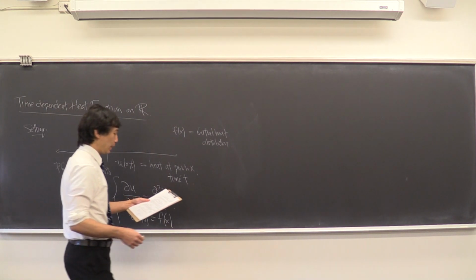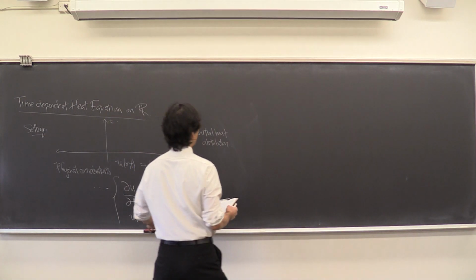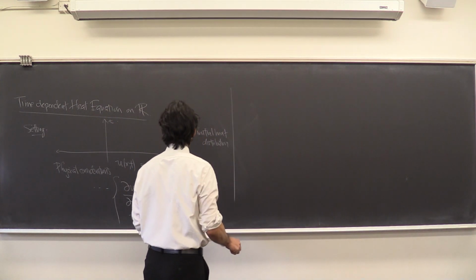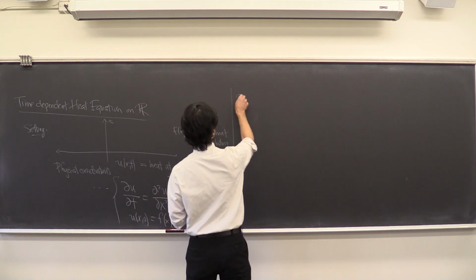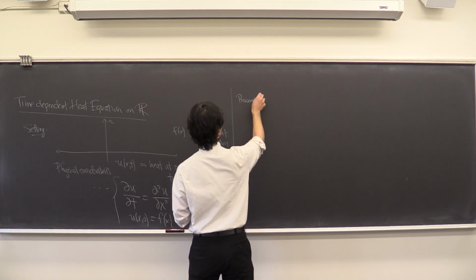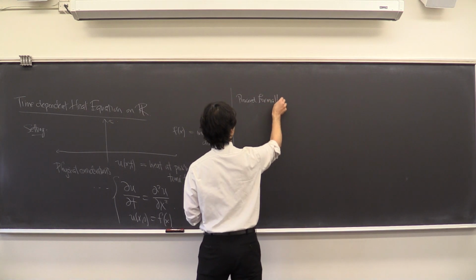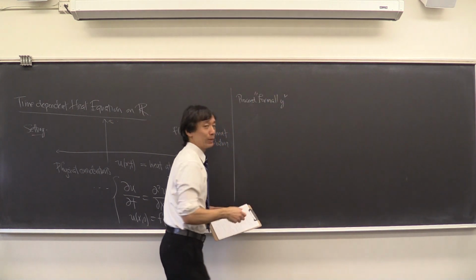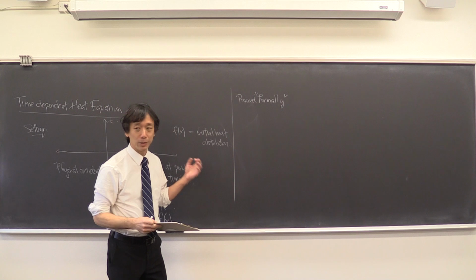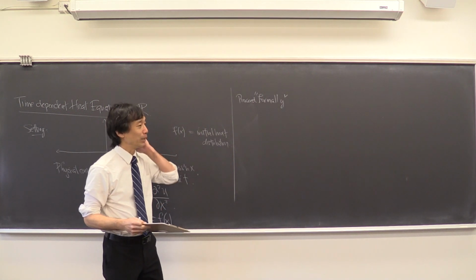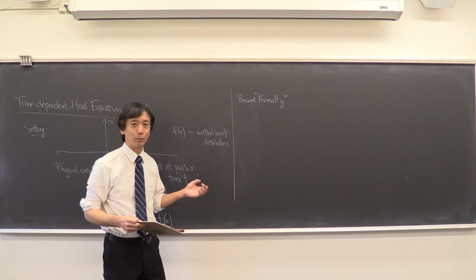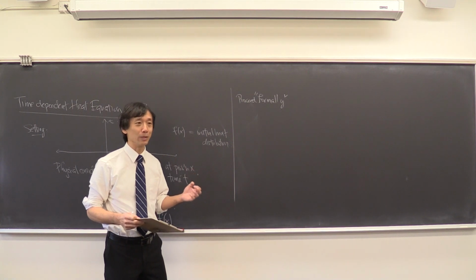So what we do is we proceed formally. And proceeding formally basically means that we're going to move ahead. We're not going to worry about if things actually work. We're just going to assume that everything we do is legal.